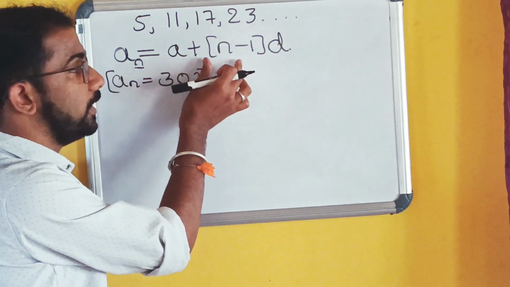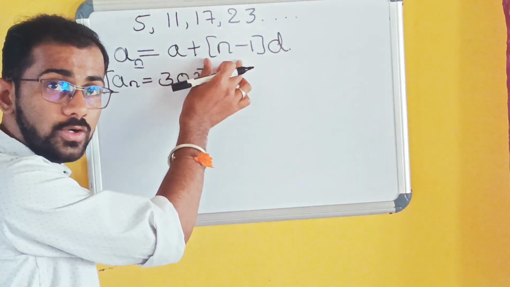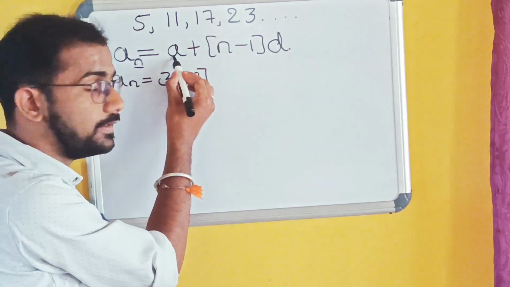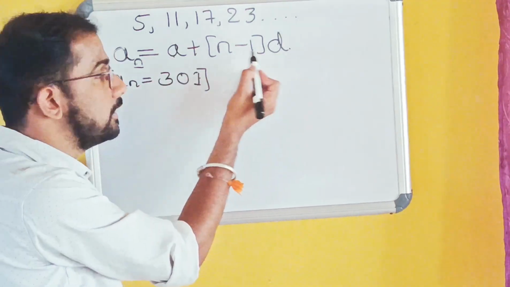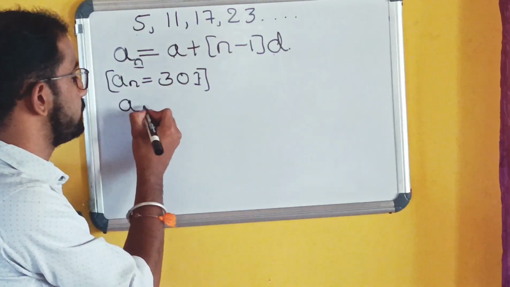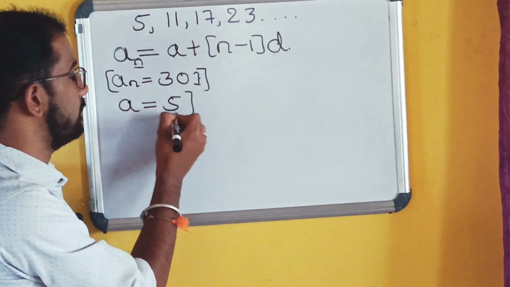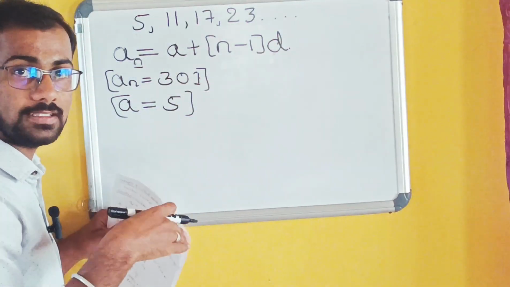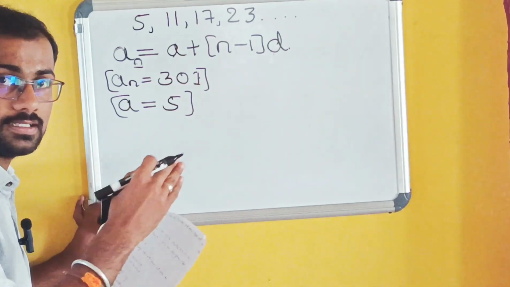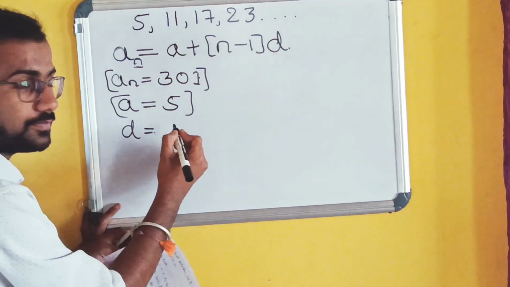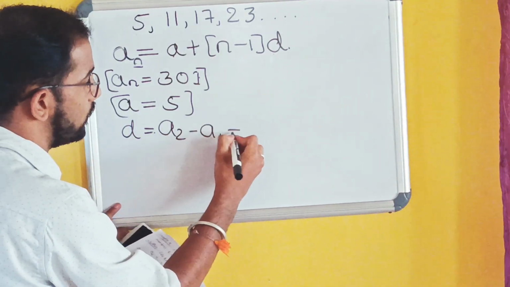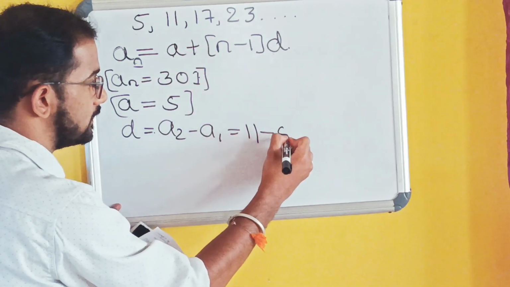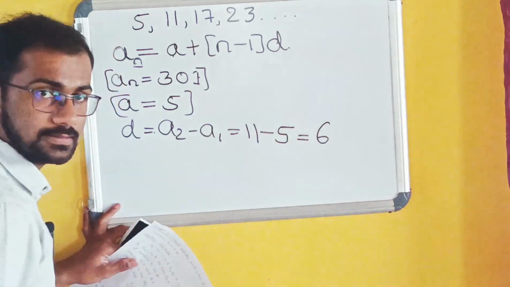In order to use this formula, what is the required data? We want a and we want d. We have a, the first term, as 5. What about d? d can be calculated as a2 minus a1, a3 minus a2, a4 minus a3, and so on. a2 is 11, a1 is 5, so 11 minus 5 is 6.